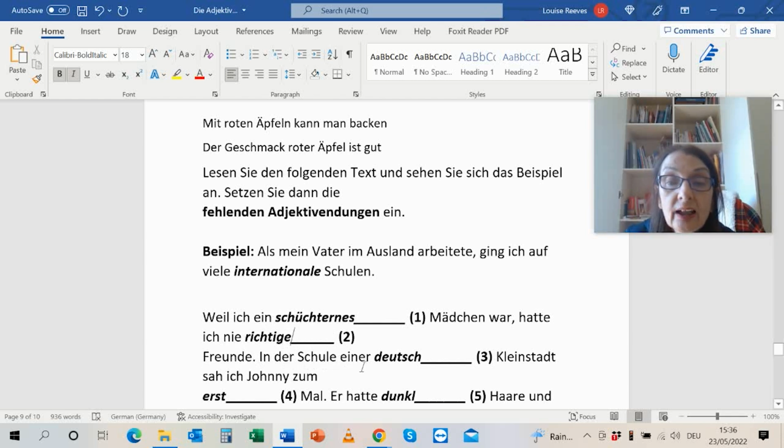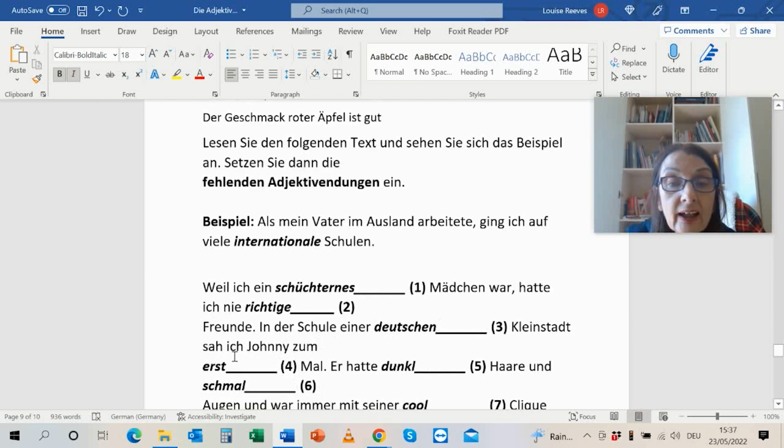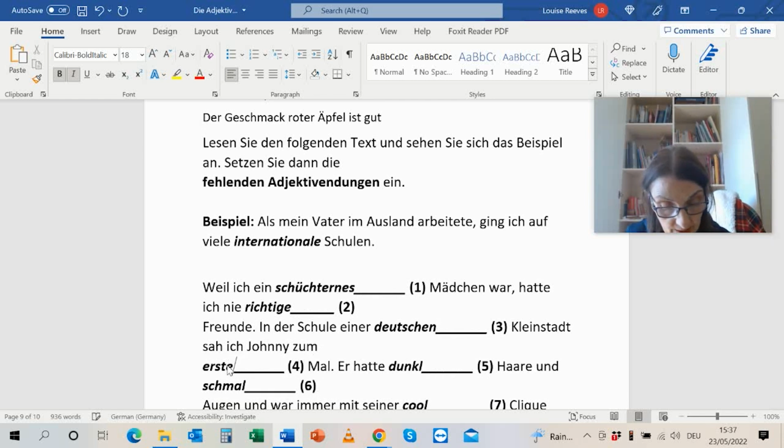In der Schule einer Kleinstadt sah ich Johnny. Sometimes it helps to translate it. In the school of. Of tells me it's genitive. So we know all the adjectives in the genitive case take EN. So that was easy enough when you had that learned. Sah ich Johnny zum. There's your dative, like zudem or zum, and you know the dative always ends in EN.